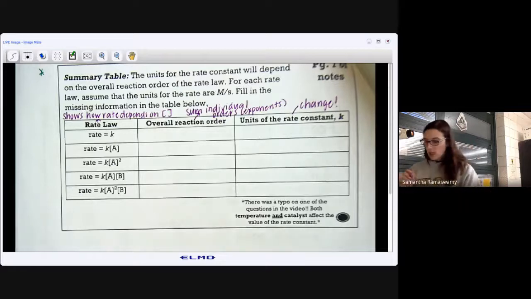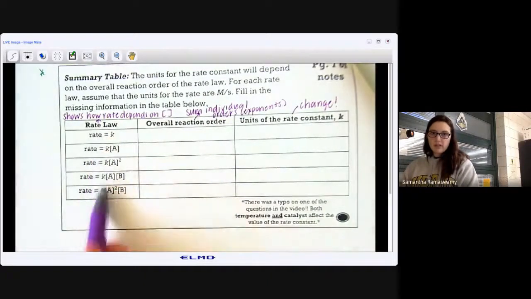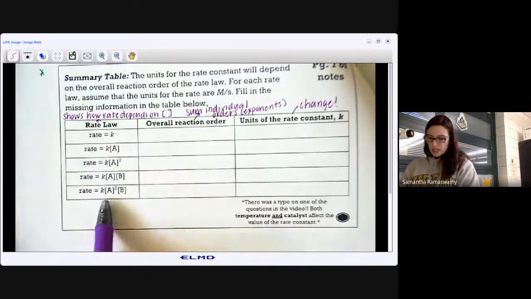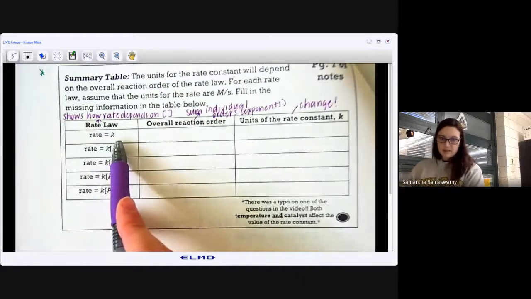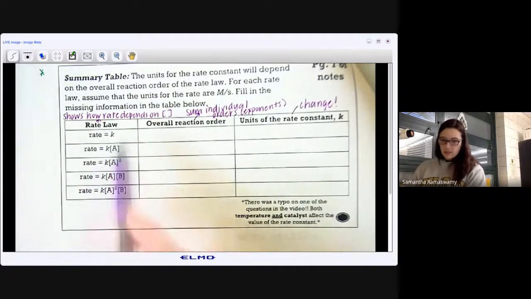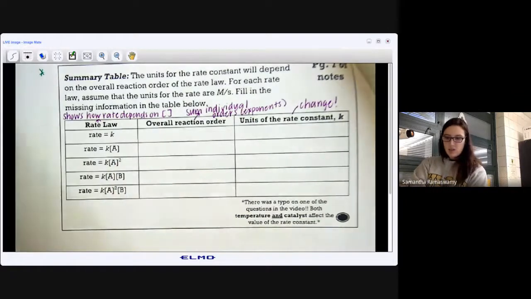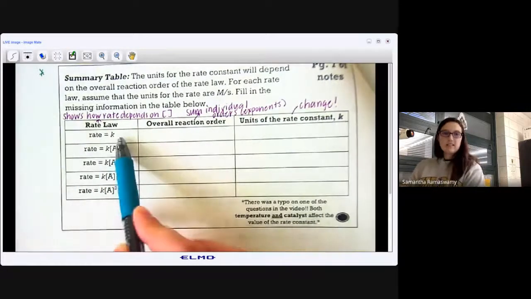So as we're looking at this summary table, we notice that they give us rate laws. Rate law is always rate equals k times the concentration of reactants. In this first example, they don't give us any reactants.